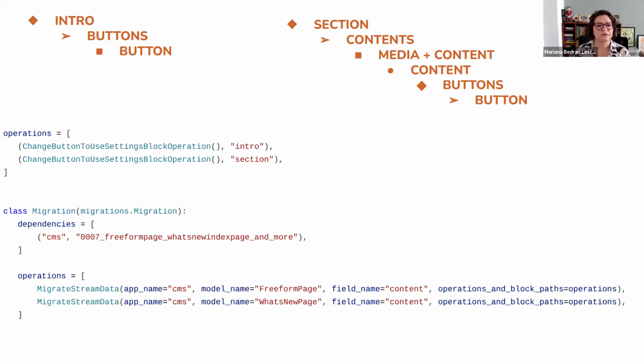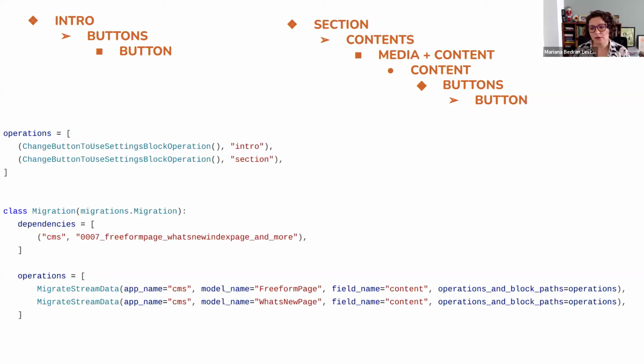On the intro, the buttons are first level block. On the section, for example, I have them inside contents that have media content, that has content, that has button, that has button. So you have to know basically every place that you have a button, and your migration has to be able to go through the entire tree to find that button.